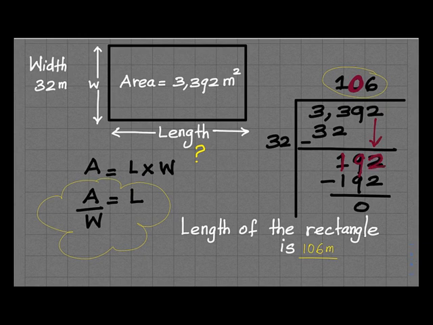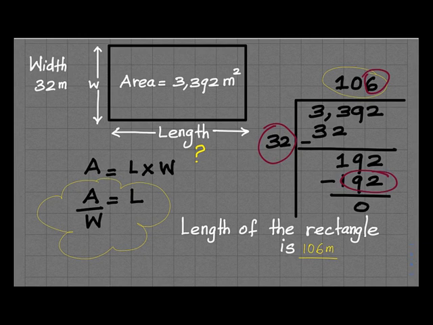Okay, so now let me find how many 32 goes in 192. I found that 32 times 6 makes 192. Let me write 192 and subtract the top number and the bottom number.